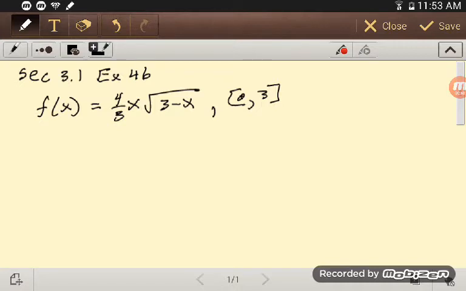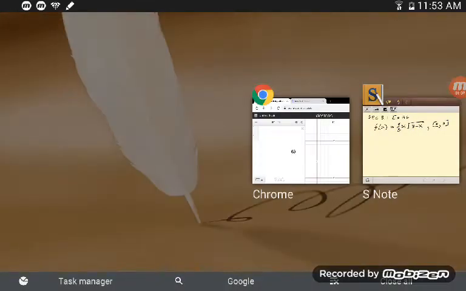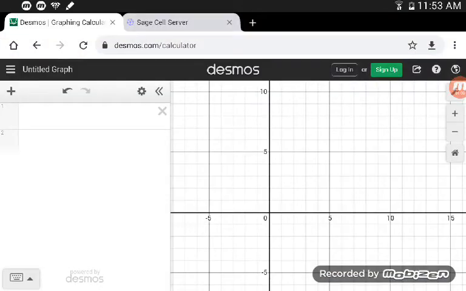So the function is defined everywhere there, but notice at 3 we're right up against the definition of the square root, because at like 3.1 or something, that square root would be undefined. Now it says, okay, use technology, so let's graph with Desmos.